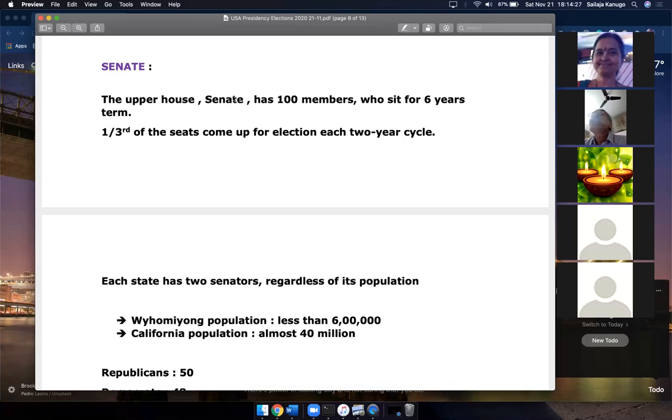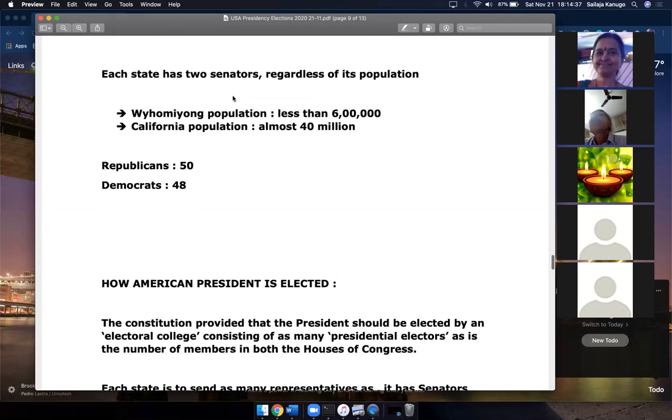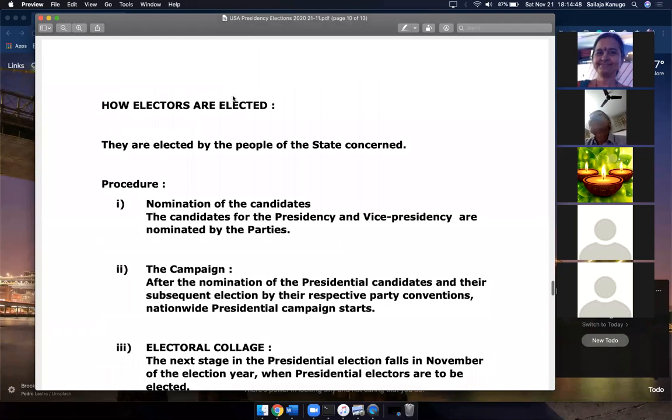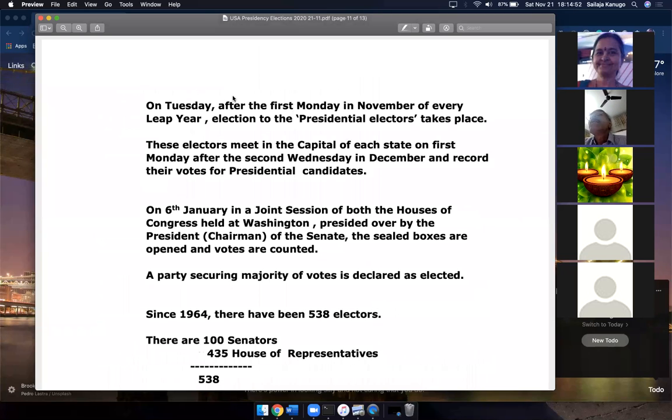And presently in House of Representatives, Republican Party members are 205, Democratic Party members are 222. House of Representatives is like our Lok Sabha. And in India, for Lok Sabha, elections are every 5 years. But in American Congress, House of Representatives election is once in 2 years. Please remember.